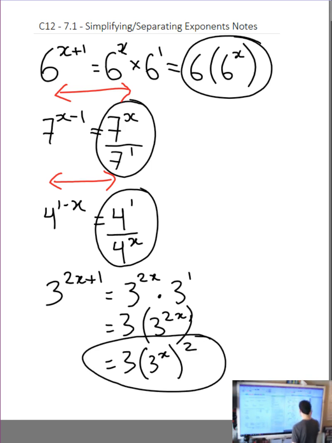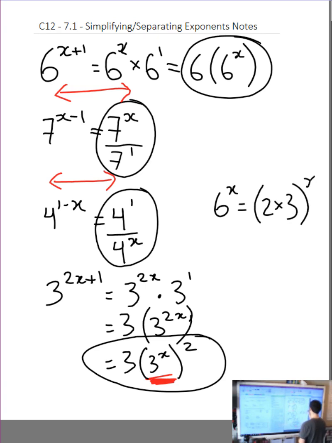Lots of the times we want to isolate for something to the x for some purpose. And one of the last rules that we'll do on this page is something like 6 to the x. Well, I know 6 is simply 2 times 3, still to the x.